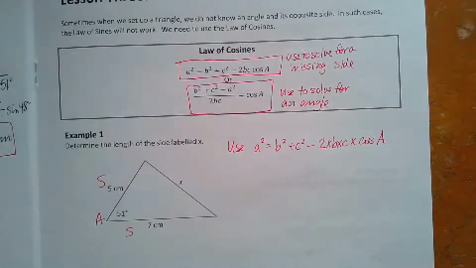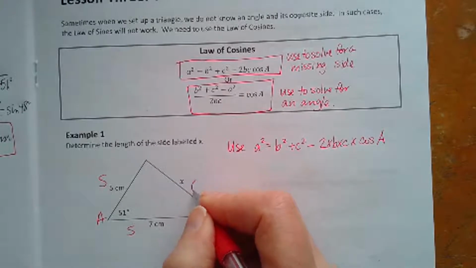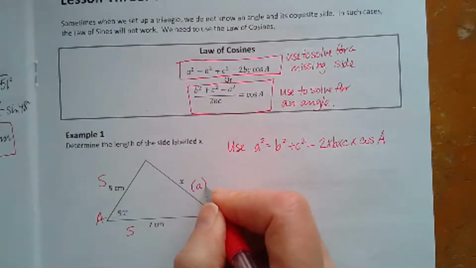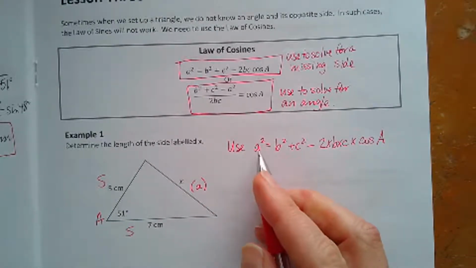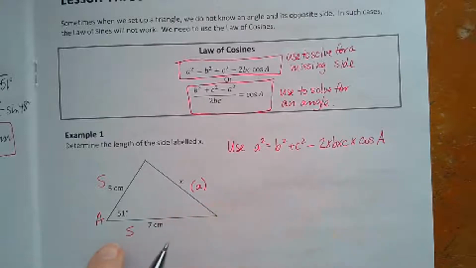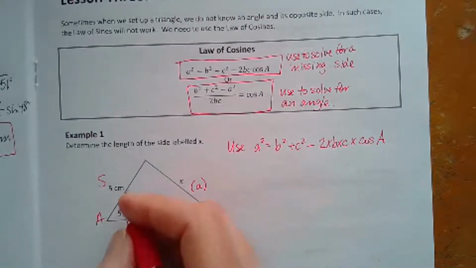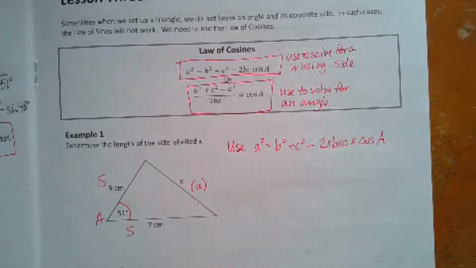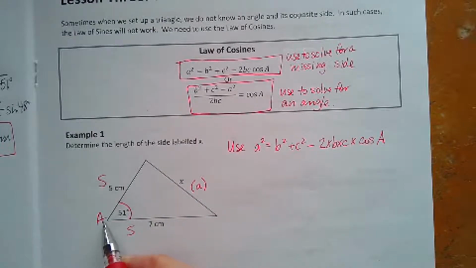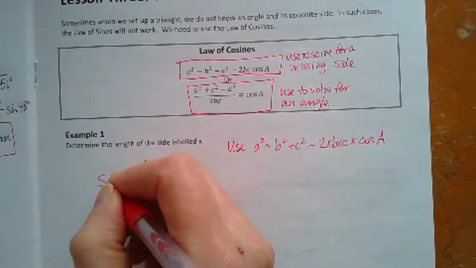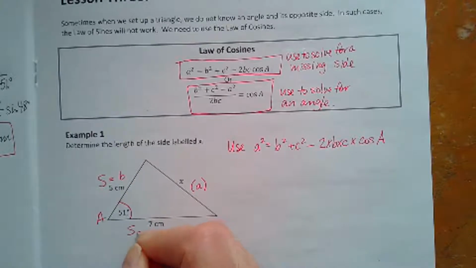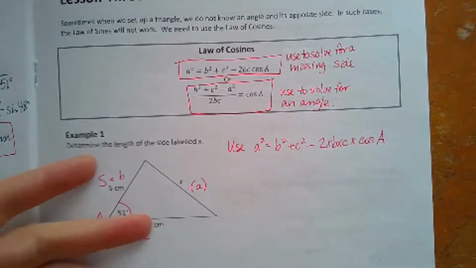All right, whatever side you're looking for, okay, this is the A, okay? So that's your X, right? This is your angle A, kind of nicely represented here, angle A. This side, it doesn't matter what you call it, B or C. These two can be interchanged.